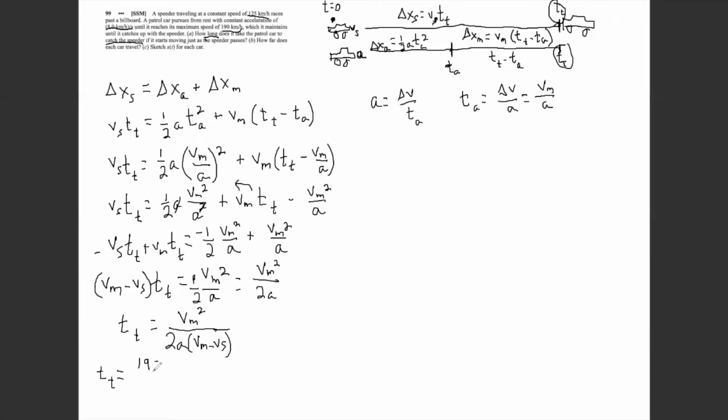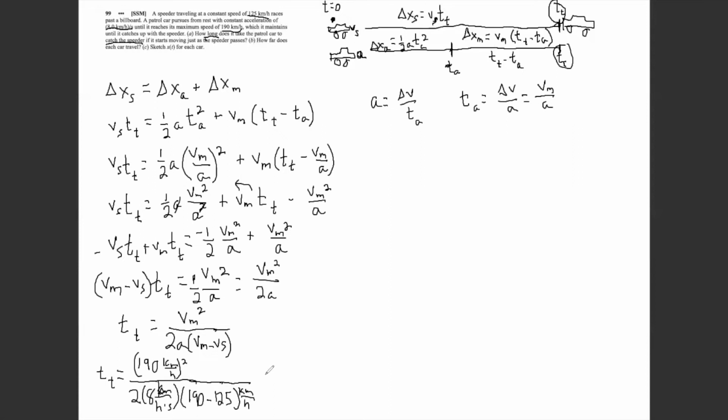So 190 kilometers per hour squared over 2. A is 8 kilometers per hour second, times 190 for Vmax minus 125. And those are kilometers per hour.